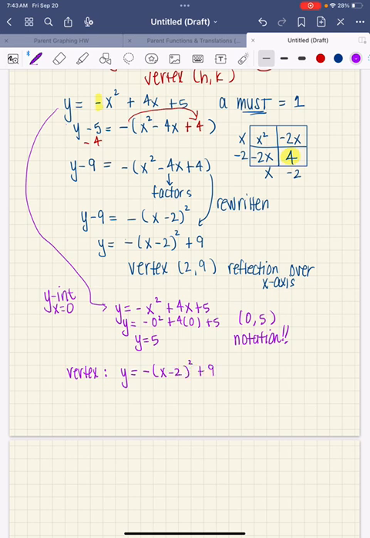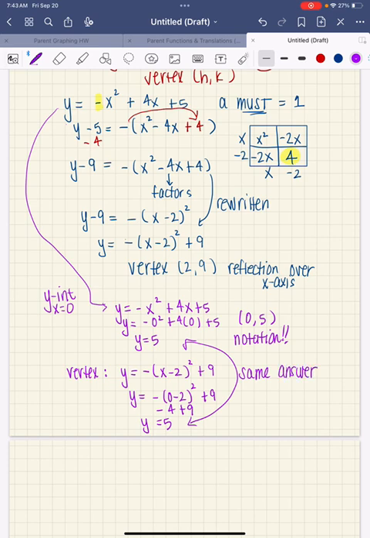So if you plug in 0, you get negative (0 minus 2) squared plus 9, which is negative 4 plus 9, which is 5. Same answer either way. Which way should you do it? Don't know, don't care. Makes no difference.